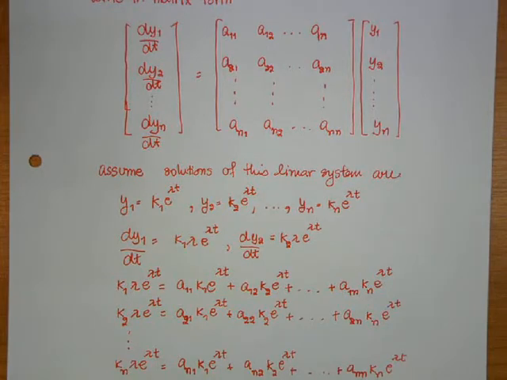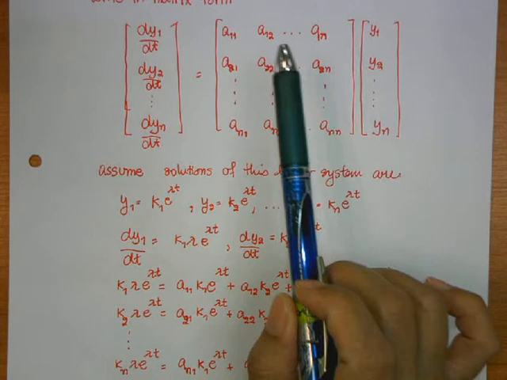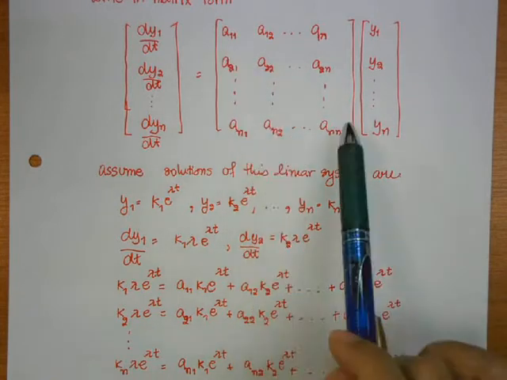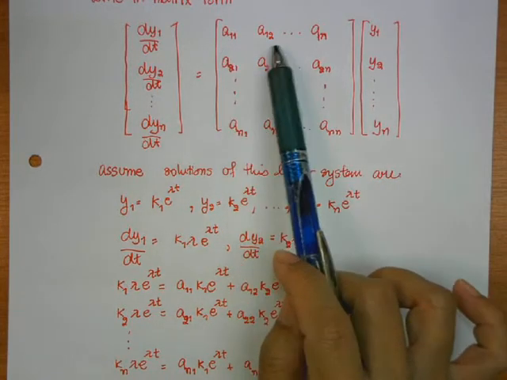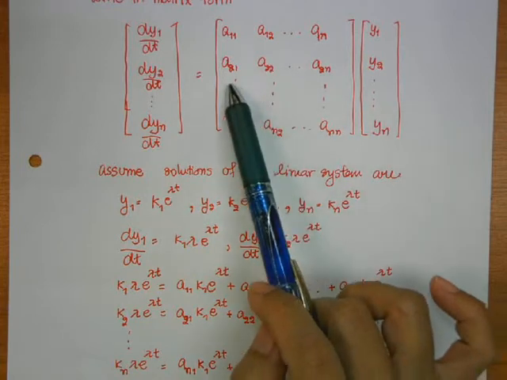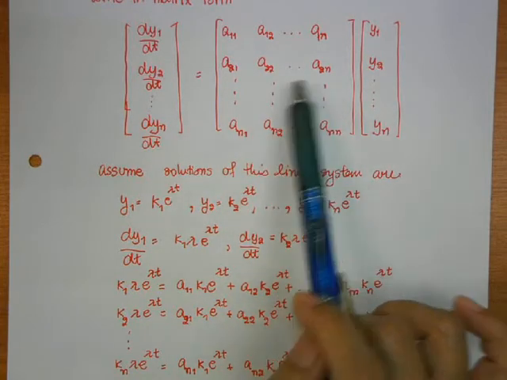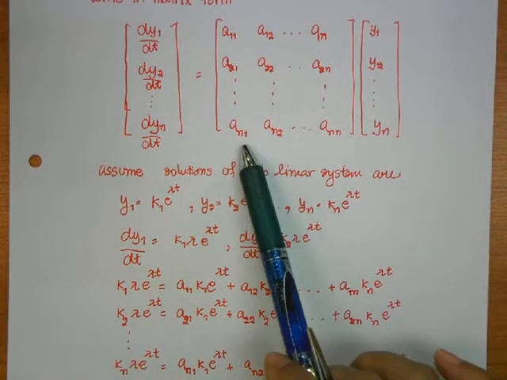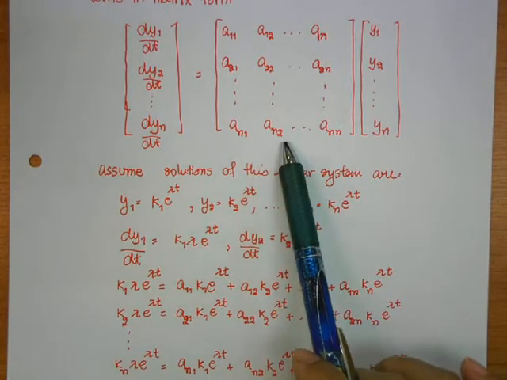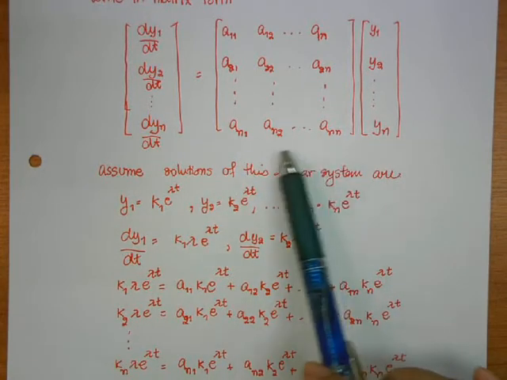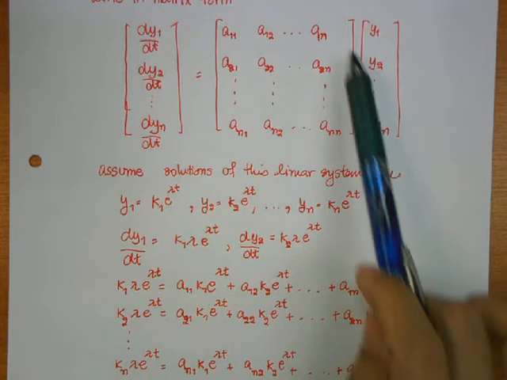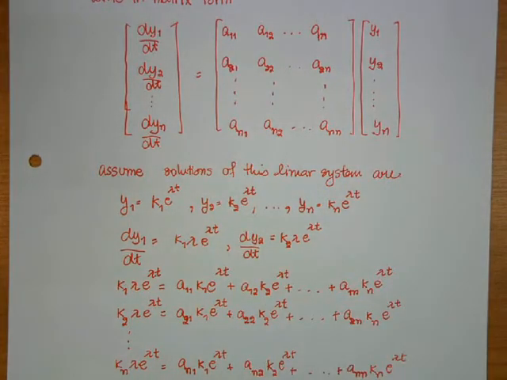The matrix A, which is a11, a12 until a1n, a21, a22 until a2n, and so on, and the last one is an1, an2 until ann. This is the matrix of the coefficients of y.